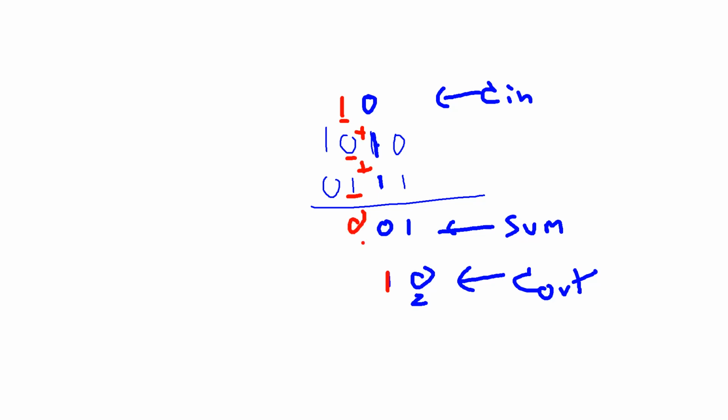Then it becomes 0 and carry out again, which becomes the carry in of the next digit, add together, becomes 0 and carry out is 1. So note that when you add two values, for each digit you add these two numbers together and add the carry in.